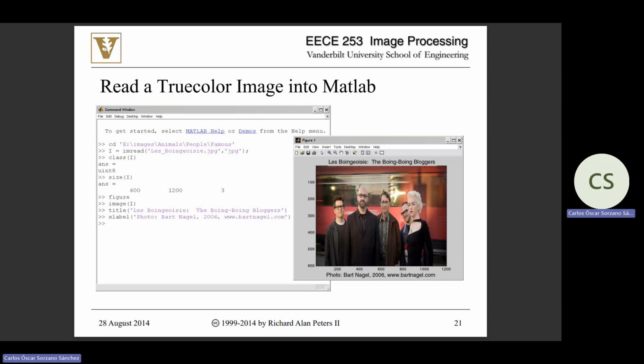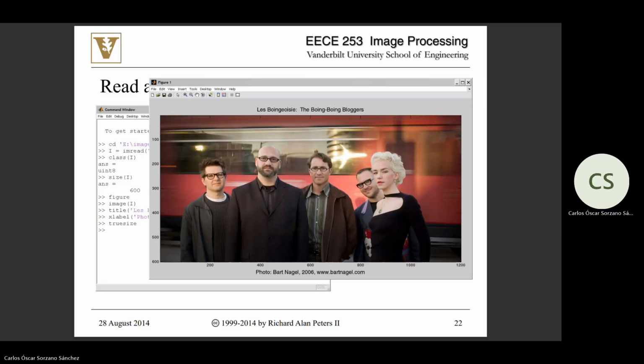The display is not always a perfect, faithful representation of the underlying information. There is a command in MATLAB to make it more faithful: true size, then you have the right representation. But this concept is already important. Something is the signal itself, something else is how you draw that signal.